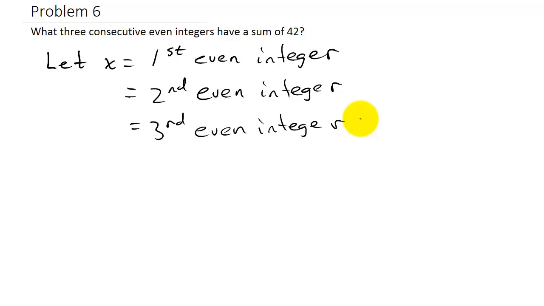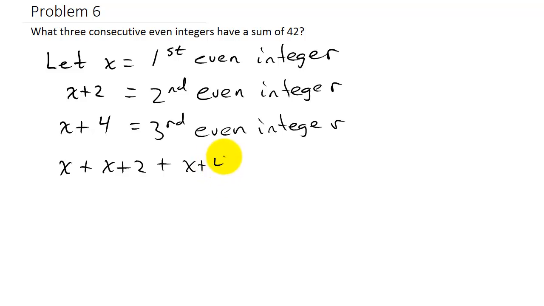Just like I explained over there on the side in the red, the second even integer is x plus 2, and the third even integer would be x plus 4. If I add these three together, I should get 42. So I've got x, plus the second, x plus 2, plus the third, x plus 4, and that should equal 42.